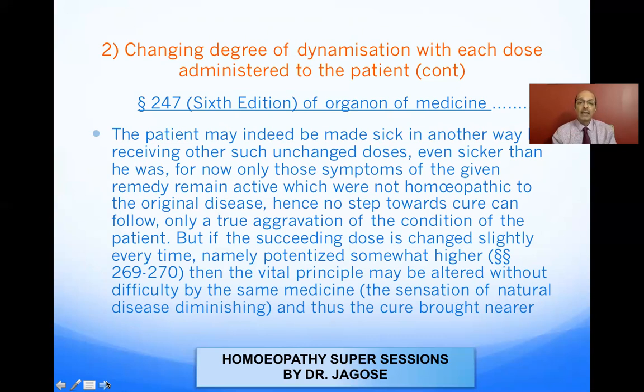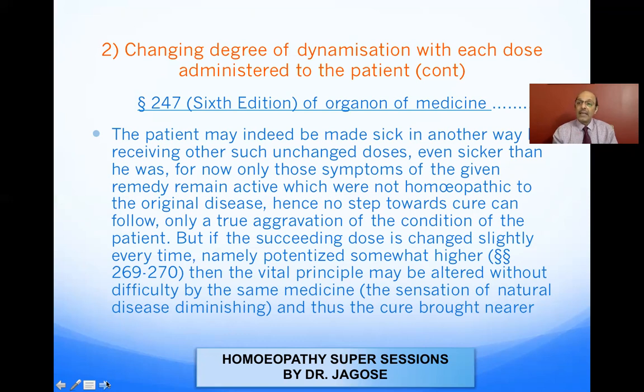So he is telling you that if the patient receives unchanged doses, if you give the same potency repeatedly again and again, especially on the centesimal scale, then the patient will get more sick. And the symptoms will remain active.